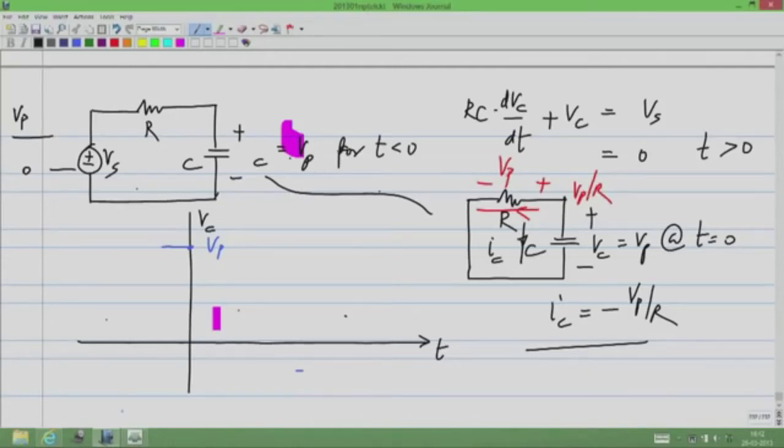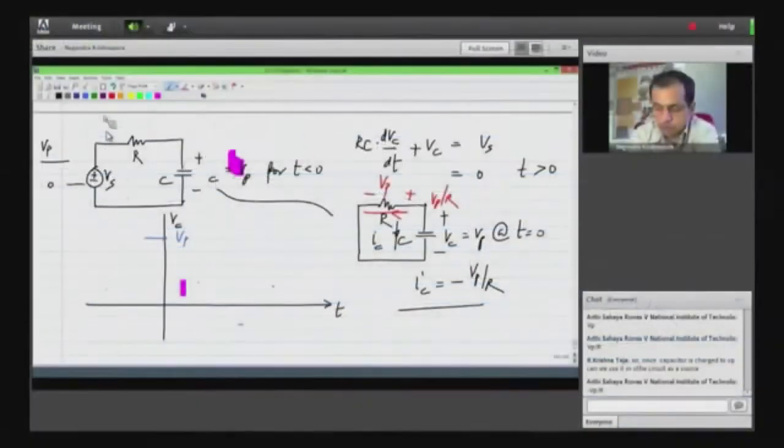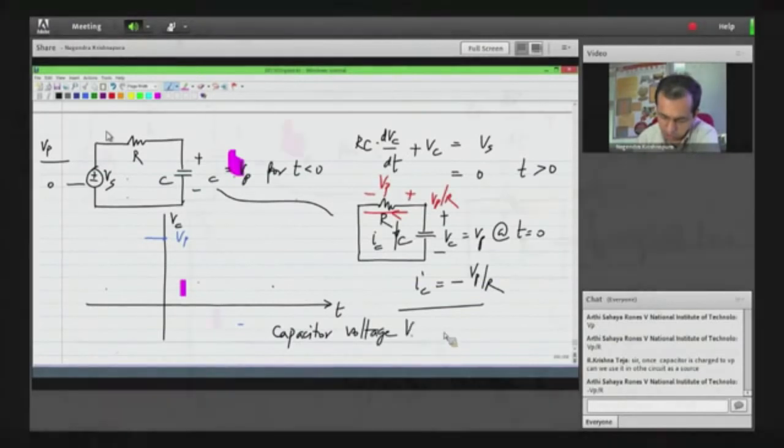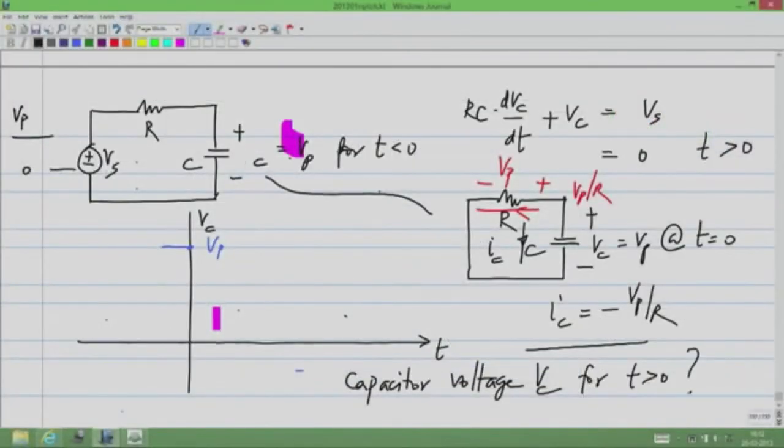So what happens to the capacitor voltage after t equal to 0? Capacitor voltage Vc for t greater than 0. What happens now? Will it increase or decrease or remain the same?